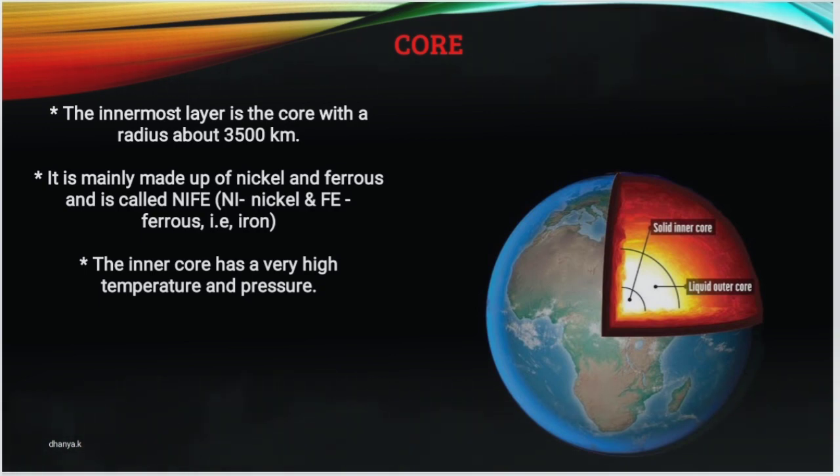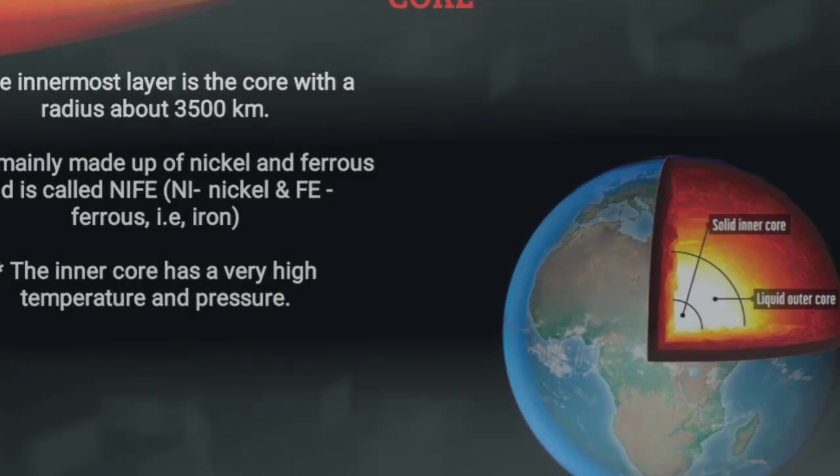The material in the outer core is in liquid state, whereas the temperature in the inner core ranges from 5,000 to 6,000 degrees Celsius. The pressure in the inner core is so high that the material gets solidified.